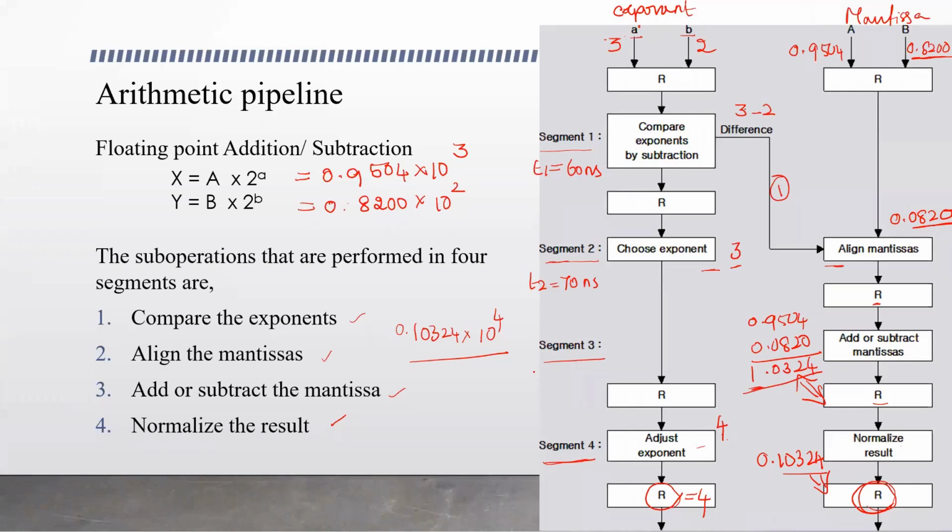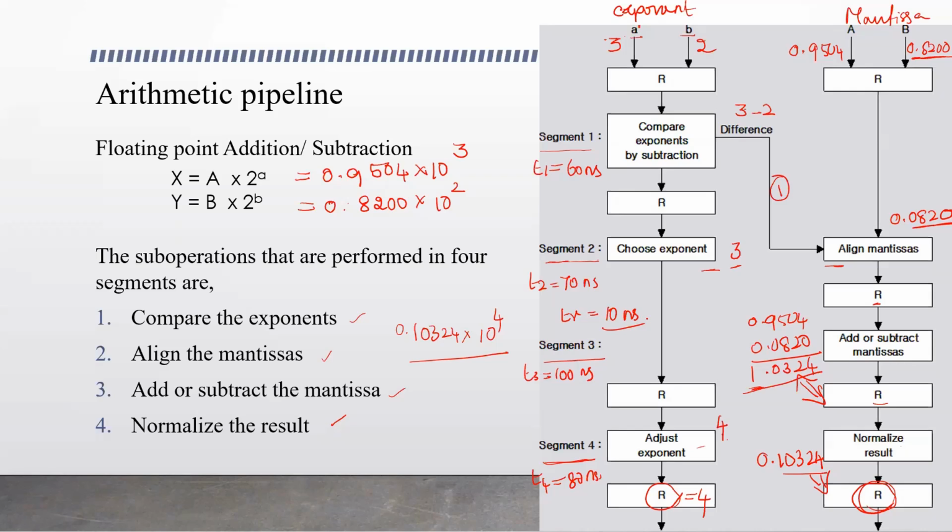And segment 3, to perform this addition and subtraction, the time taken is T3, 100 nanoseconds. Segment 4 takes T4, that is 80 nanoseconds. And for storing these results into registers, the time delay is TR. I'm writing it here. TR is 10 nanoseconds.